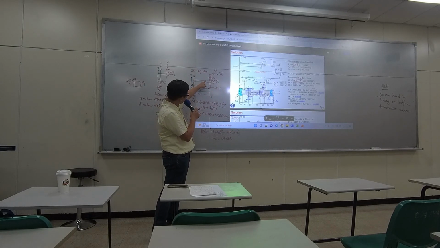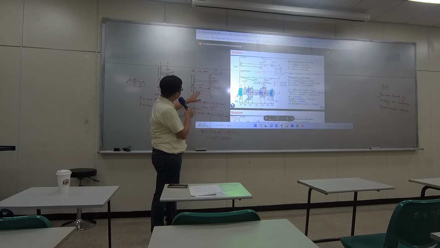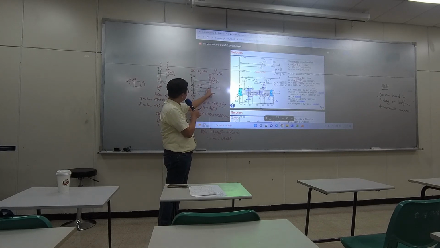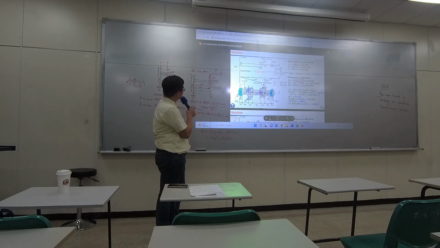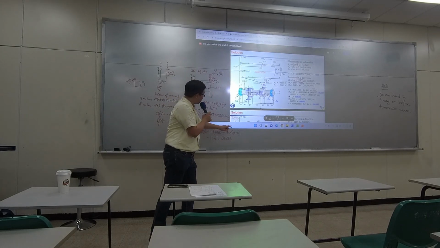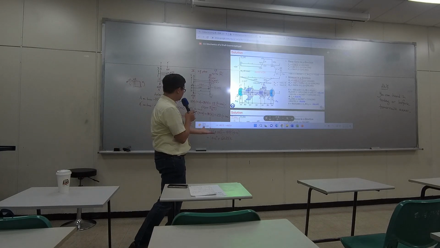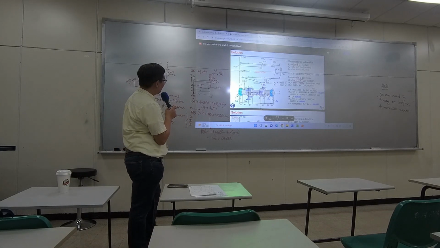Clockwise, 28 times its width. The width is x minus 240, that's correct. Times the distance, so that should be a half of it. I don't know what was wrong.